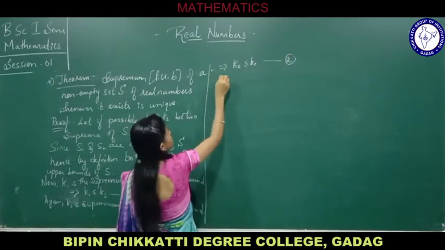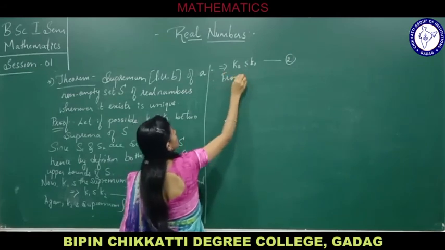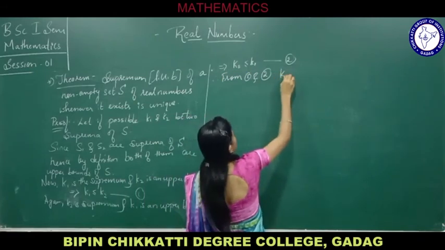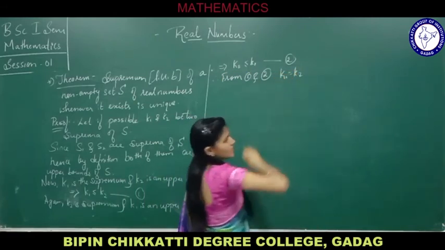Therefore, from 1 and 2 we get that K1 is equal to K2.